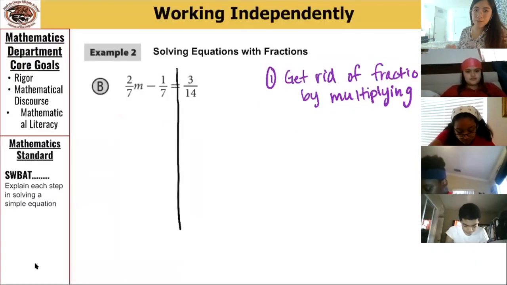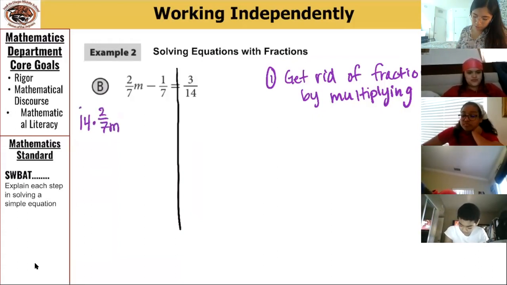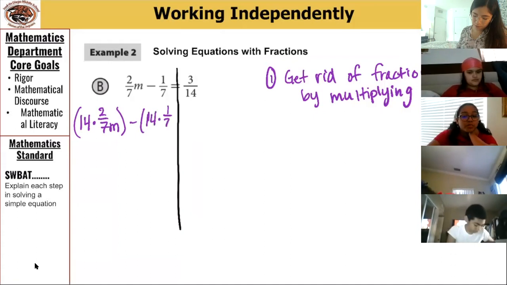All right, so I'm going to multiply everything by 14, starting with the first term. So it's going to be 14 times 2 over 7m. That's my first one. Then it's going to be 14 times 1 over 7.